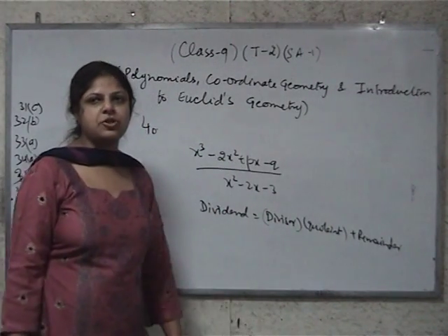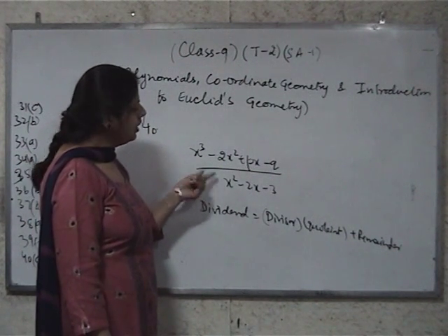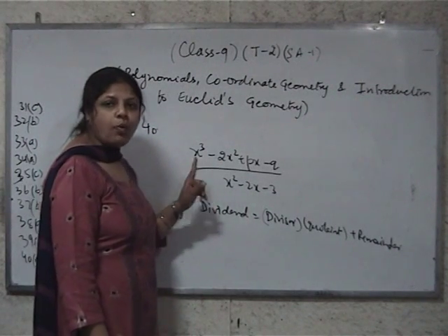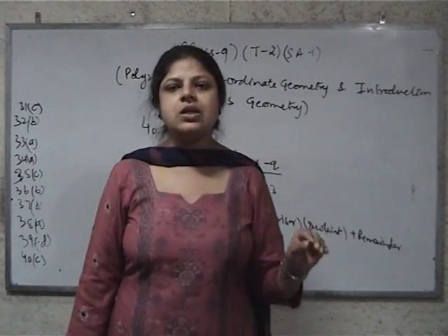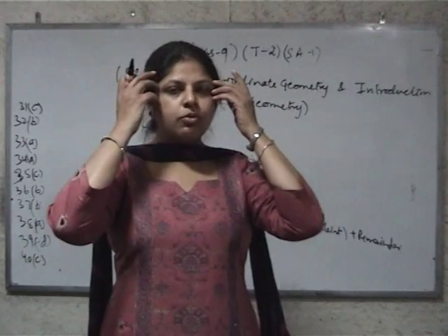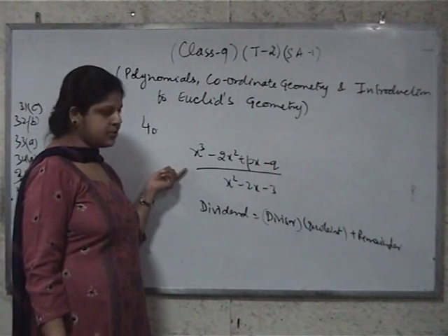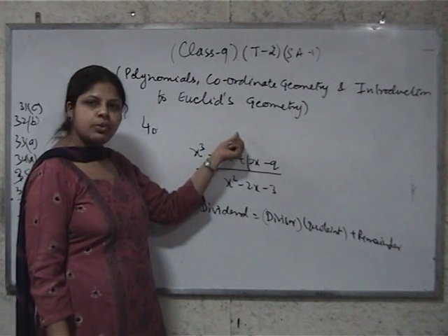Look at the expressions. This is a third degree expression, this is a second degree expression. Here the coefficient of x cube is 1, here the coefficient of x square is 1. So one thing is quite clear: the quotient is going to be a linear expression in x, because the first term with which you will multiply is x.